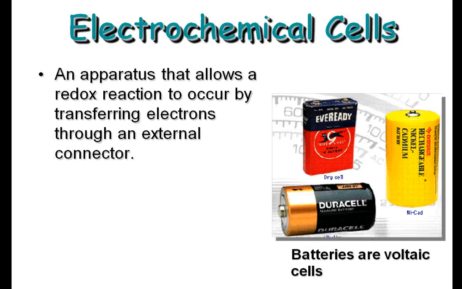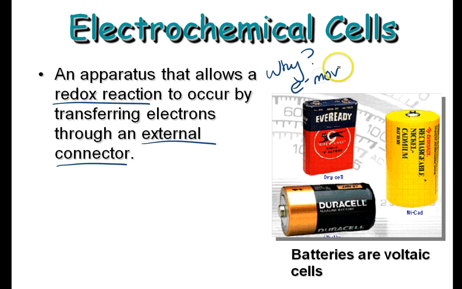What is an electrochemical cell then? This is an apparatus that is going to allow, again, the redox reaction, so going back to what we've already learned, and you should be able to visualize what that is, by transferring electrons through an external connector. Why do we want to use an external connector? Because we want the electrons to move through a wire.